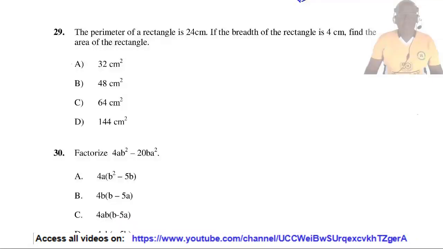Question 29. The perimeter of a rectangle is 24 centimeters. If the width of the rectangle is 4 centimeters, find the area of the rectangle. Let us make a rough sketch of the rectangle.